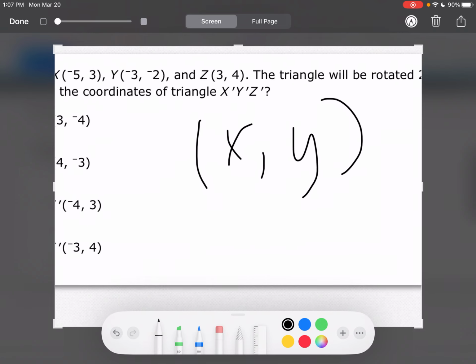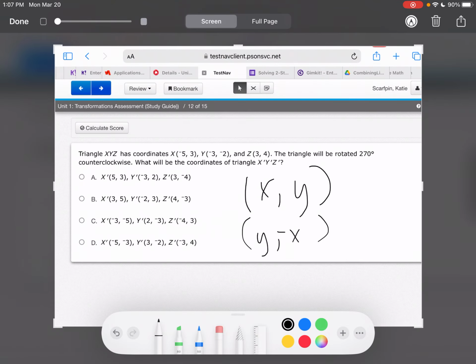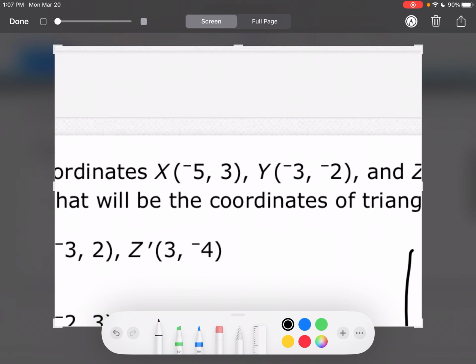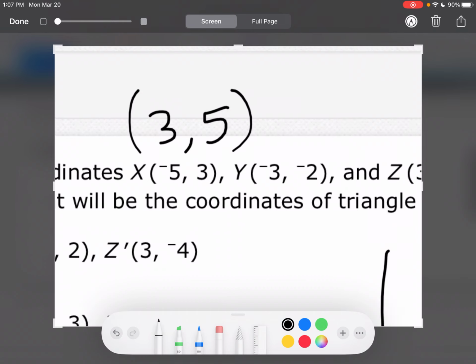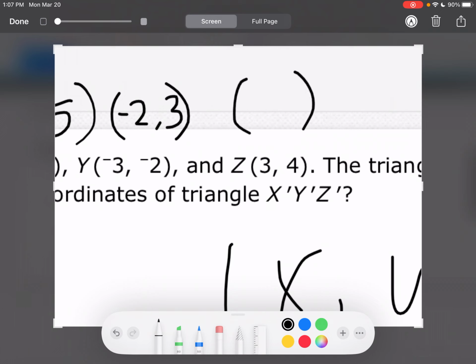You would reverse your points and make the second one the opposite, and you would make your X the opposite. So I would make this one 3, and then -5 would become a +5. -2, -3 would become a +3. 4, +3 would become a -3.